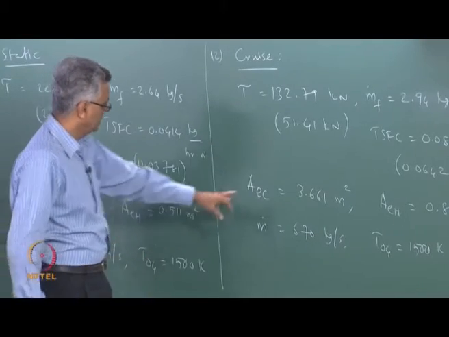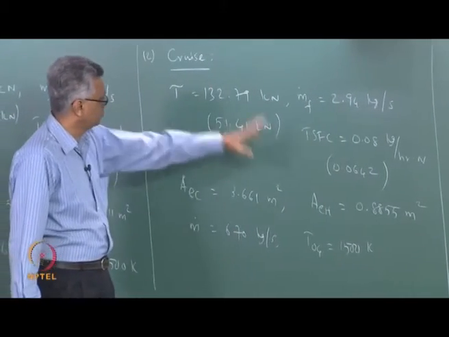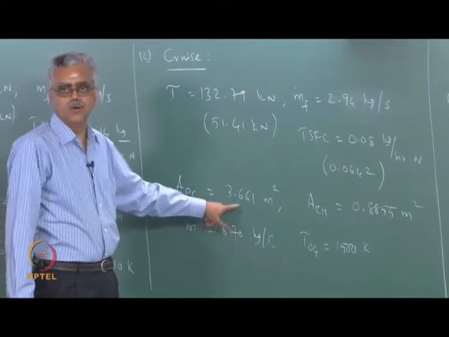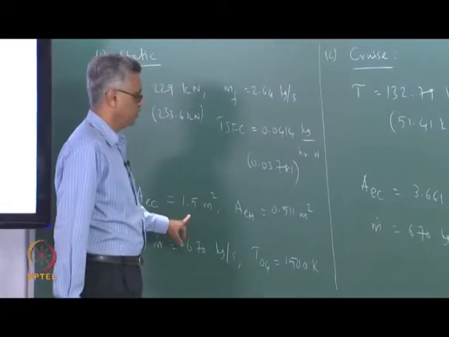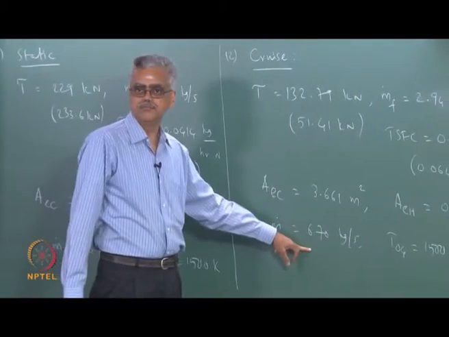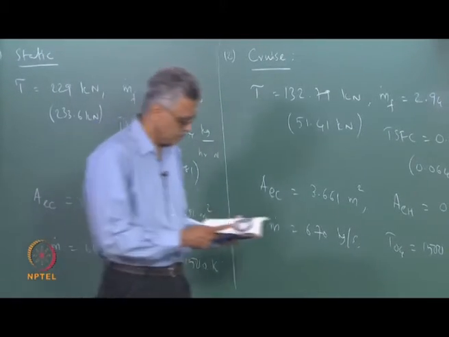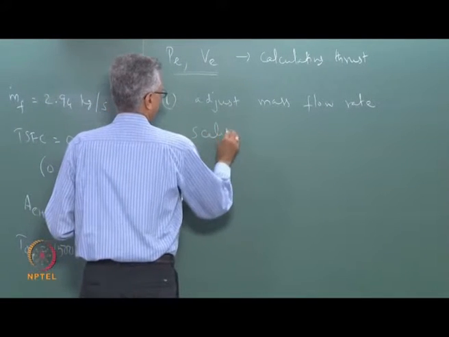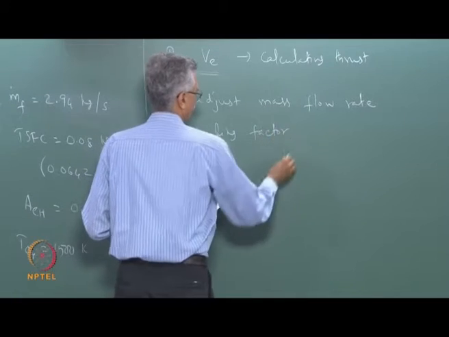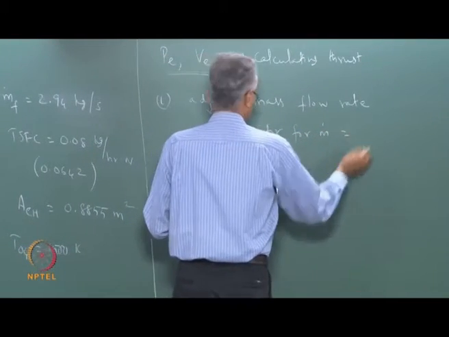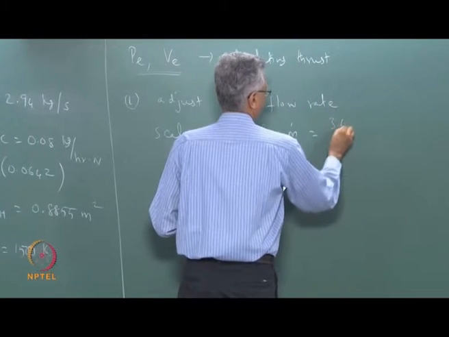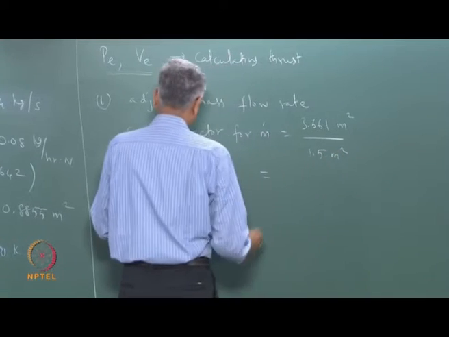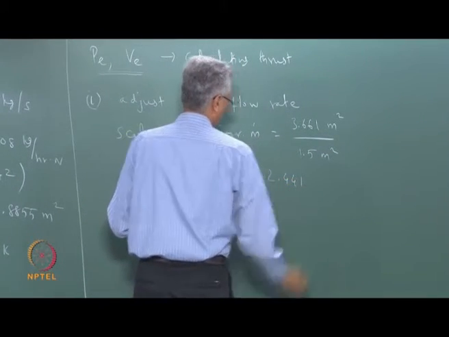Now passing this mass flow rate through the nozzle under cruise conditions requires this kind of area. What if the area available is only 1.5 meter square? What should the mass flow rate be? That is how we scale this, and we did it yesterday. We saw that the scaling factor for m dot is going to be 3.661 meter square divided by 1.5 meter square, which gives me 2.441.